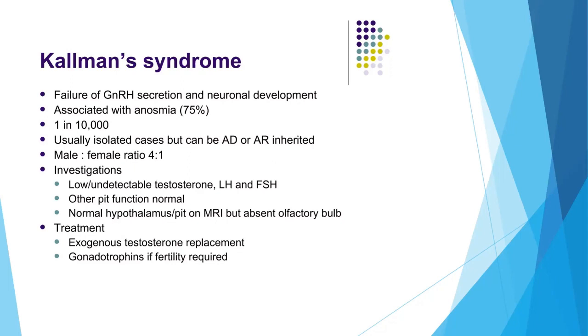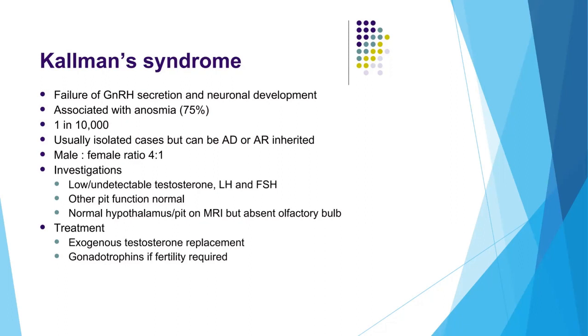Investigation: there is low or undetectable testosterone, LH, and FSH, while other pituitary function is normal. Only the GnRH secreting neurons have failed to migrate. That's why there is anosmia and decreased GnRH secretion, or you can say absolute stoppage of GnRH secretion.